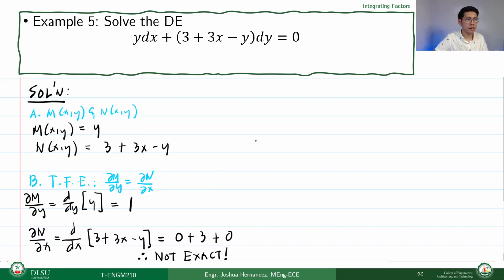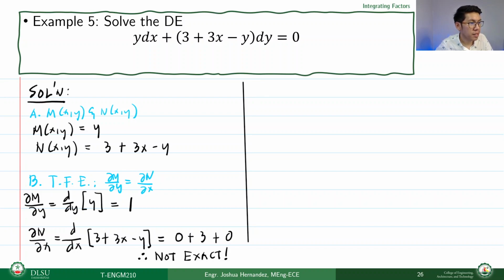Okay, not exact. And so, we have to make this exact. How? By, yes, finding the integrating factor. Okay. So, how do we find the integrating factor?